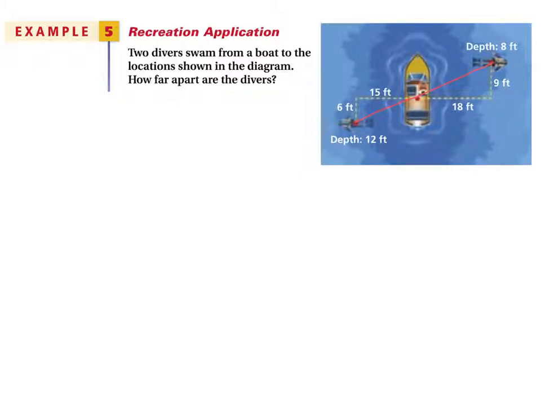So what we'd have to realize is we'd have to find the ordered triple. So if the center of the boat here is 0, 0, 0, we could say this diver is at a depth of, we could do negative 15, negative 6, and negative 12. This diver up here goes the opposite direction, so they're positive.